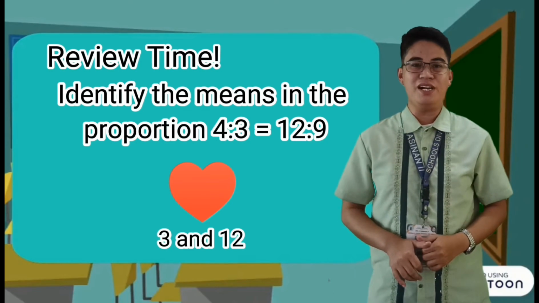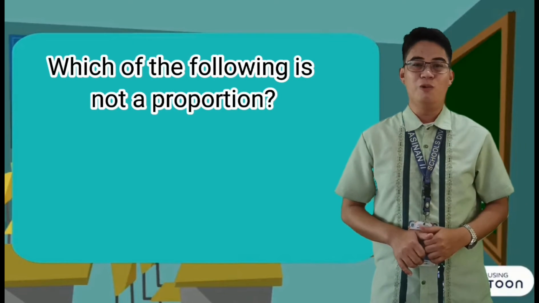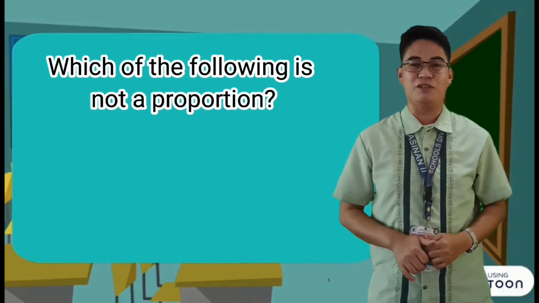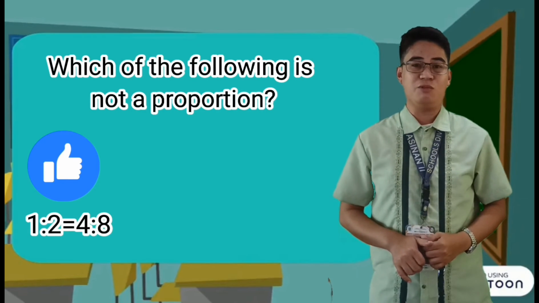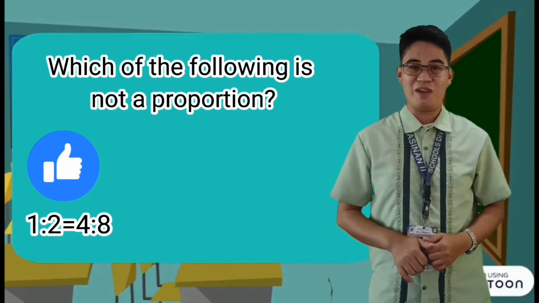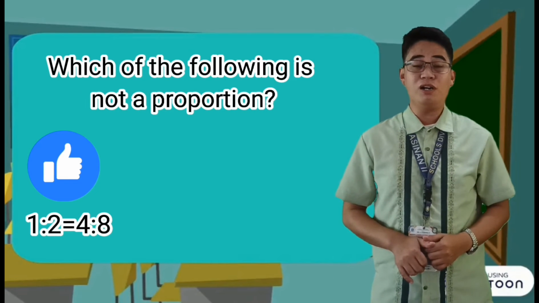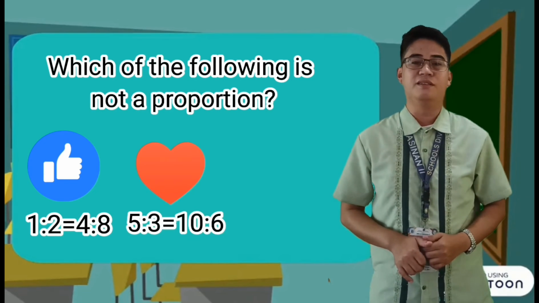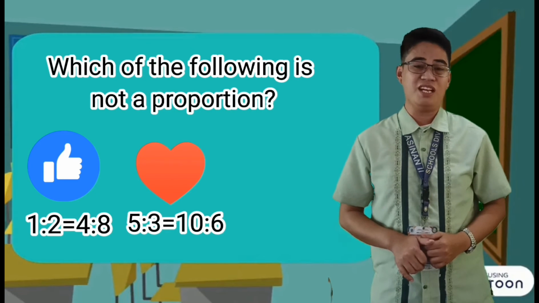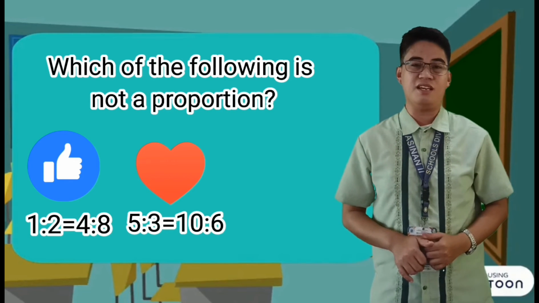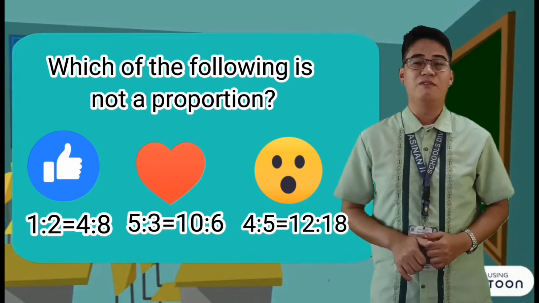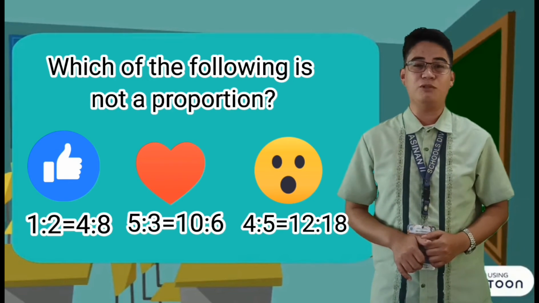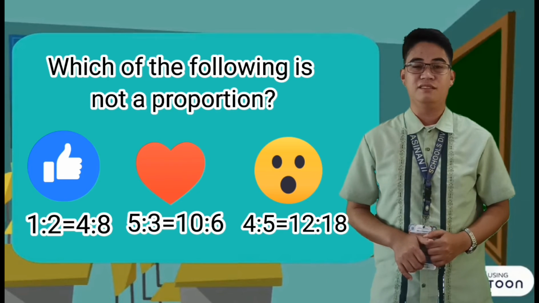Let's proceed to number 2. Which of the following is not a proportion? Will you choose like for 1:2 is equal to 4:8? Or will you choose heart for 5:3 is equal to 10:6? Or will you choose wow for 4:5 is equal to 12:18?